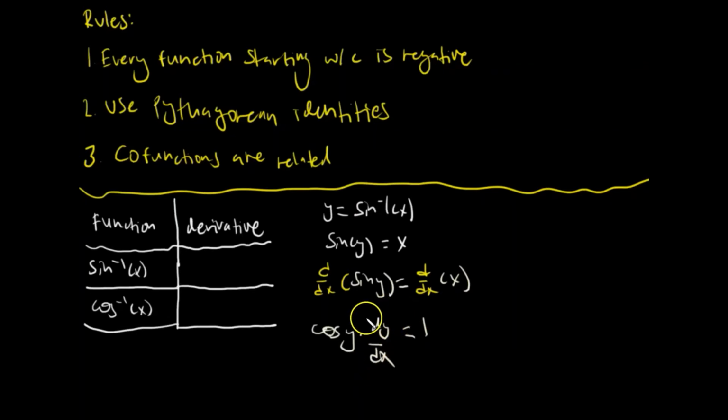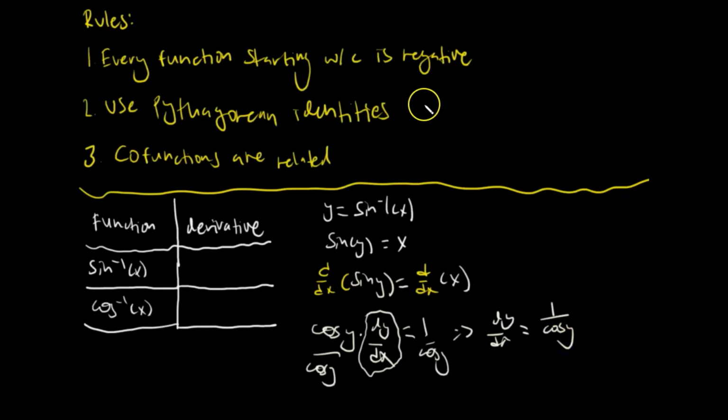We want to solve for this term here, dy dx, right? So we can just divide both sides by cosine y and get that dy dx equals 1 over cosine y. But then we have to use this second identity, or the second rule, that says use the Pythagorean identities.